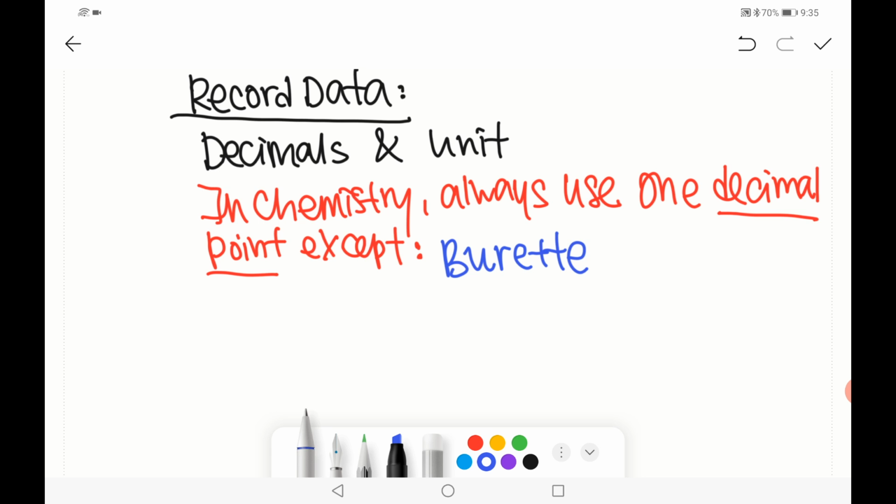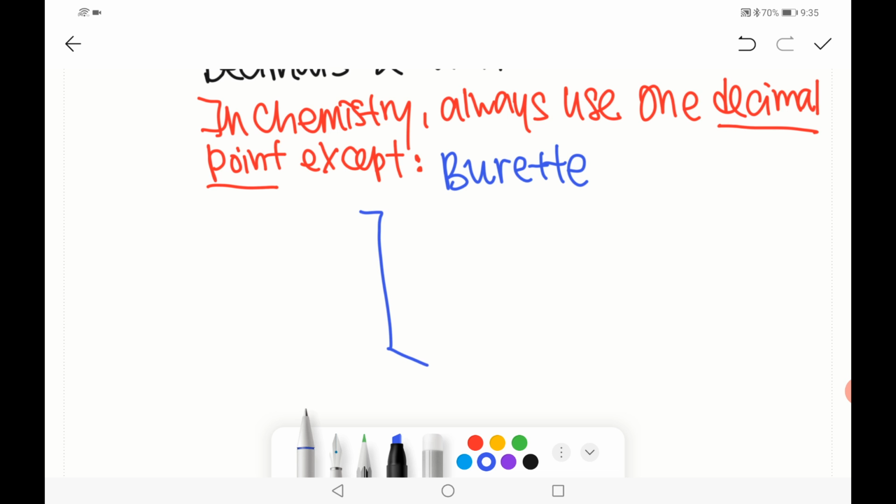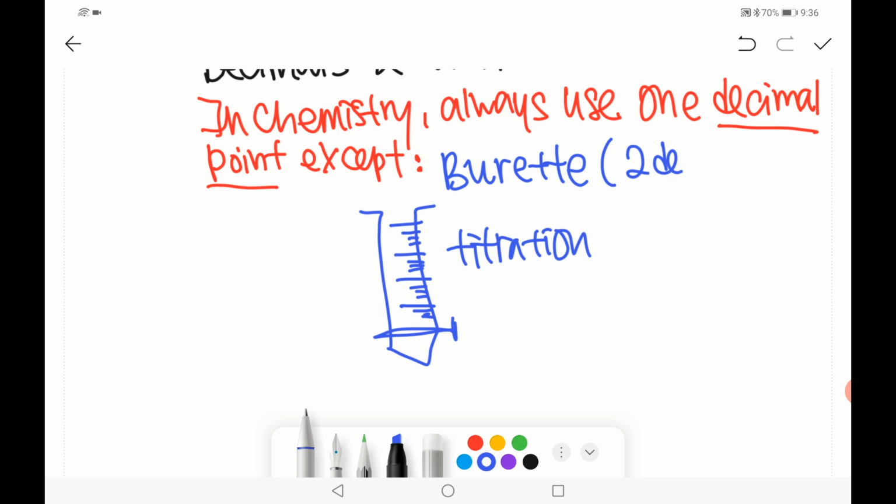I hope everyone knows what a burette is. A burette is a long tube like this that we learn in Form 4. Normally you use a burette for a process called titration. For a burette you must go for 2 decimal points.